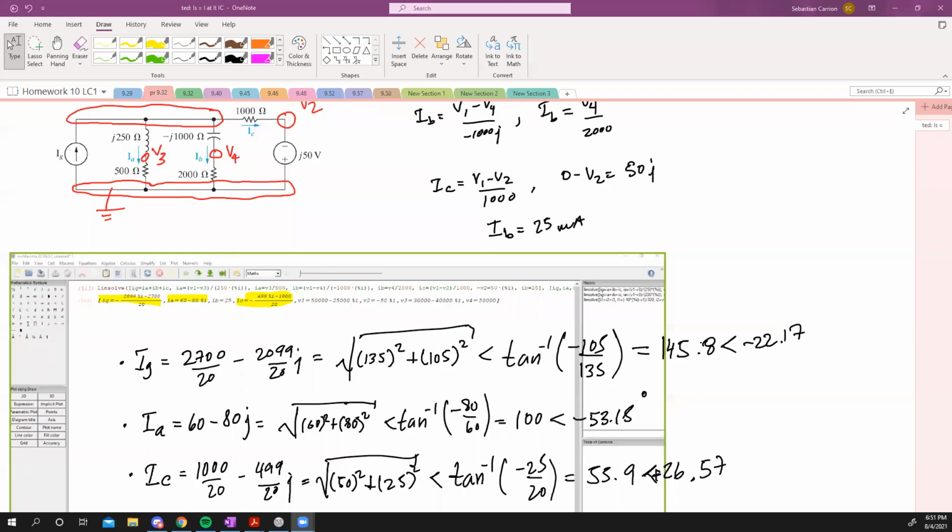Actually, after looking at this, I realized this answer is wrong. If we plug this into our calculator, we get negative 51.34.